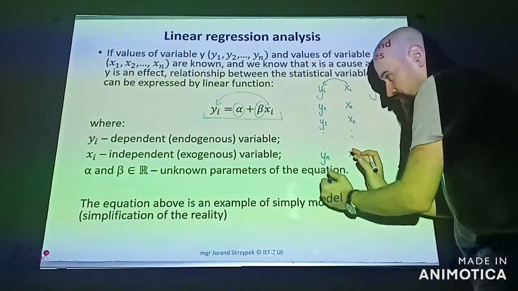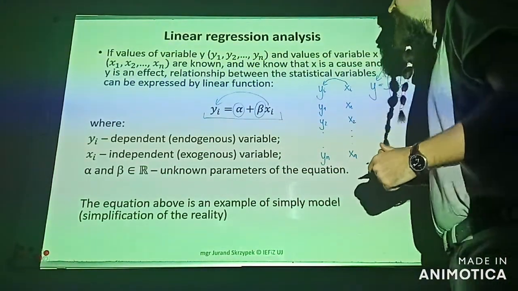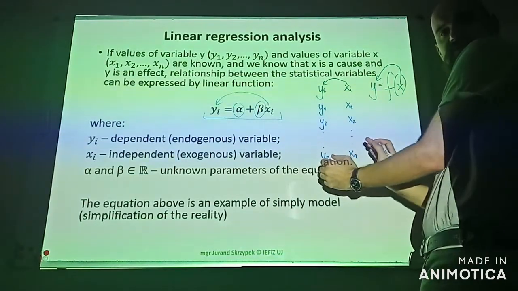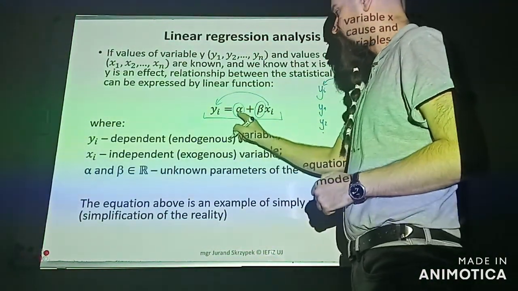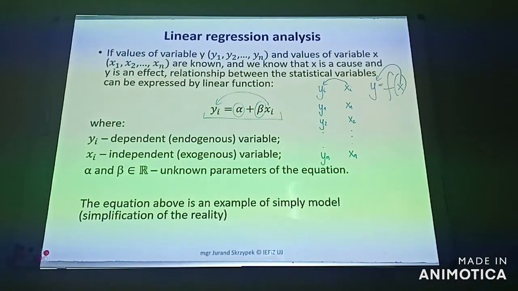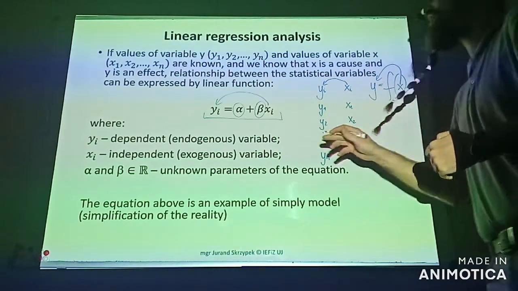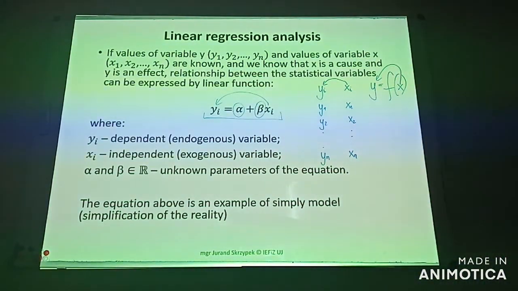We have the statistical series of x and y, and on the basis of this information we are looking for unknown alpha and beta parameters. We have to estimate these parameters using some mathematical methods.